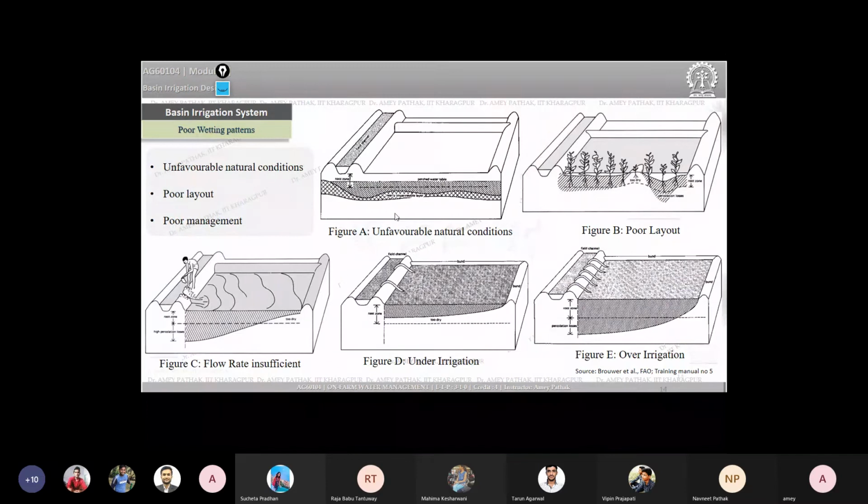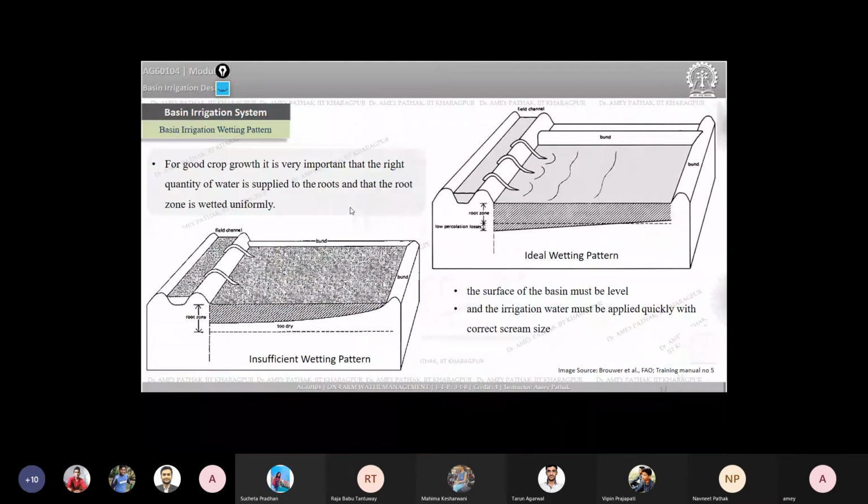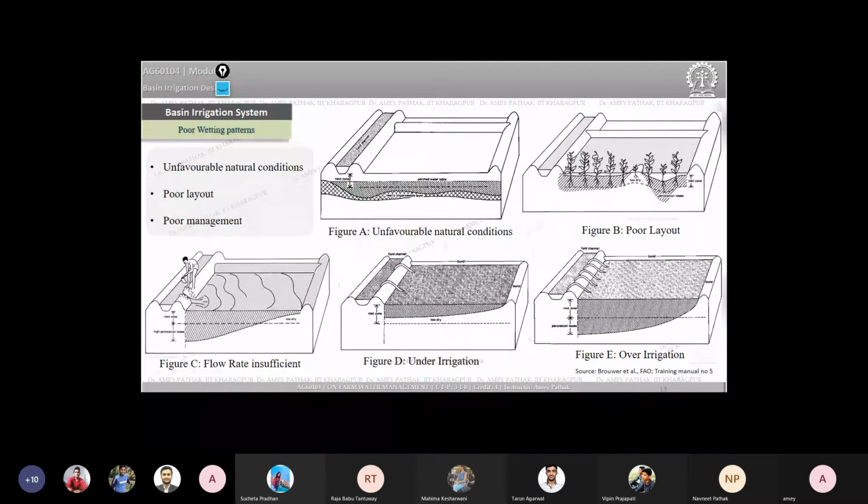Now, in the previous slide we have seen one case of an insufficient wetting pattern. Let's see a few more cases where the required infiltration depth is not achieved or the wetting pattern is not appropriate, meaning the subsurface wetting profile is not correct.